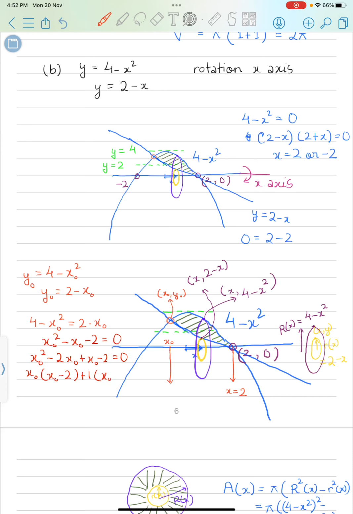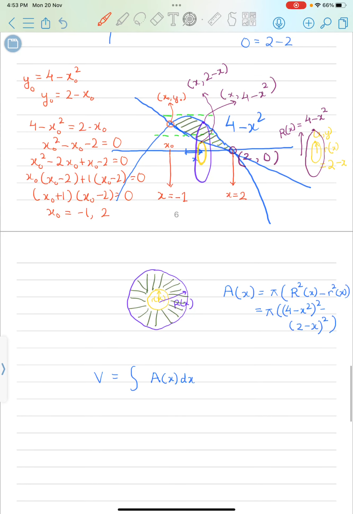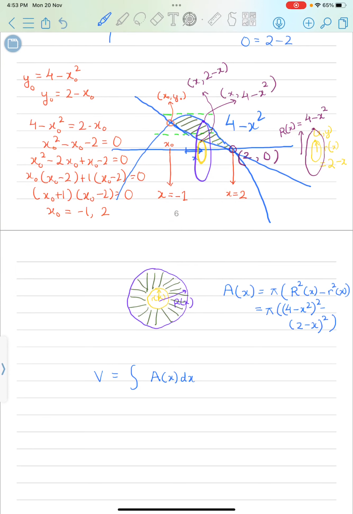You can factorize this to get (x naught plus 1)(x naught minus 2). So x naught is equal to minus 1 or 2. 2 we already found out. So this is actually x is equal to minus 1, right? Okay. So we have got our integration limit, that is from minus 1 to 2.